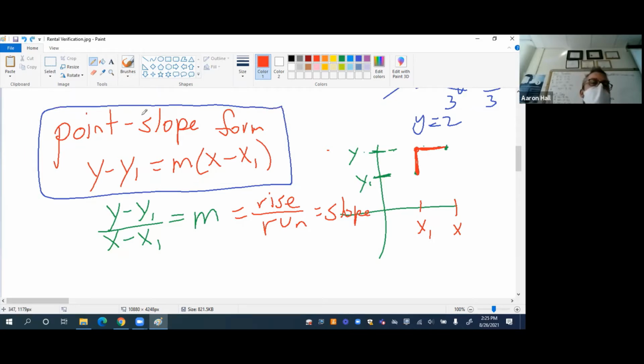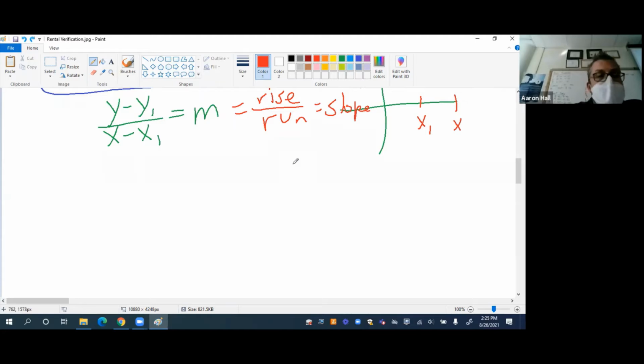And what's the benefit of having point slope? Well, I would say if I have 2 points, right?